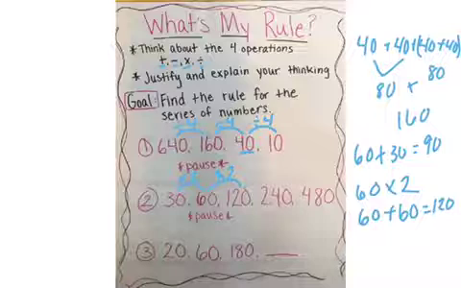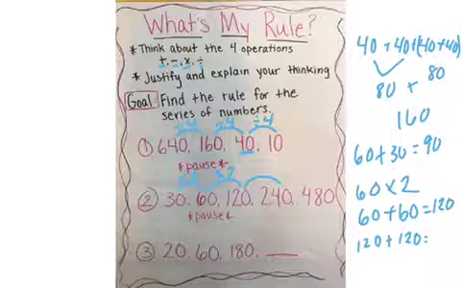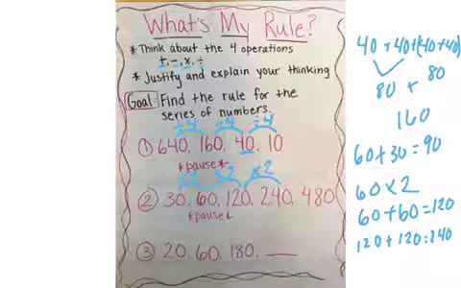So if I have 120 and I want to get to 240, and I'm going with this rule of doubling, I would have to do 2 groups of 120. So 120 plus 120, does that make 240? Yes, 240. So we're doubling 120.